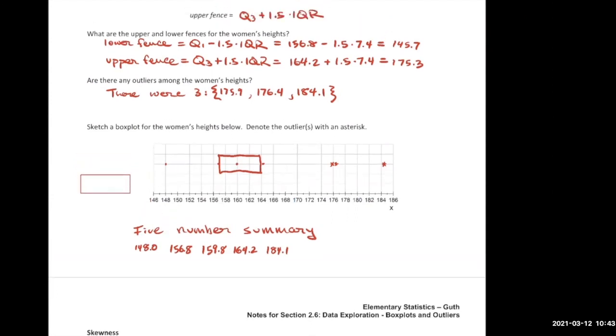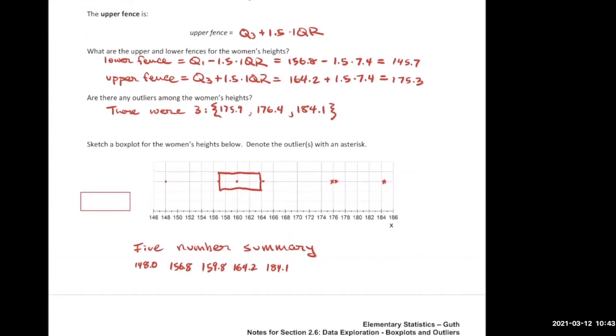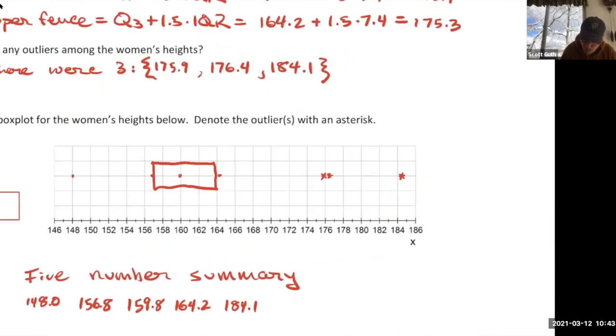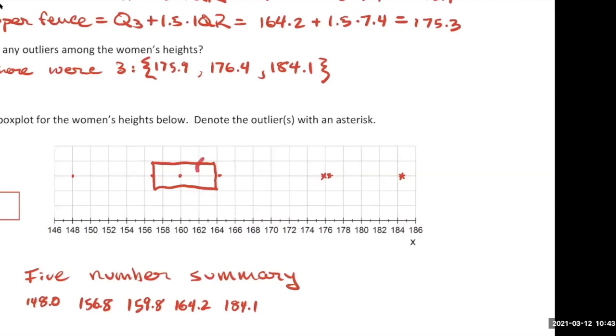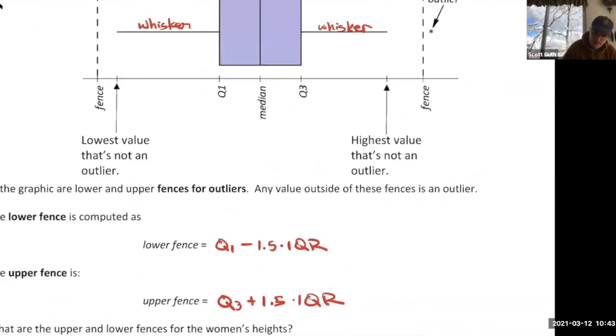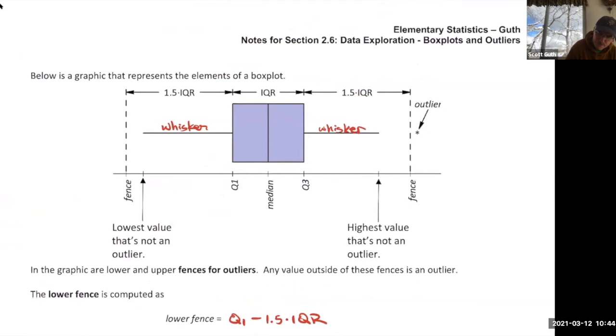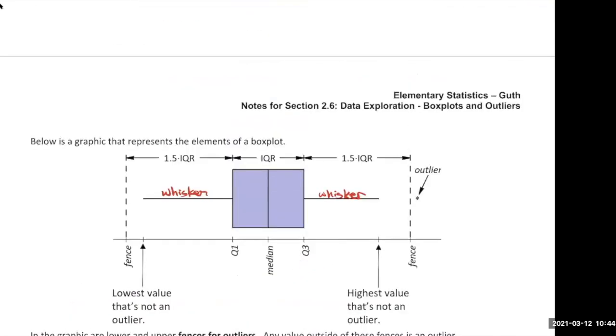I understand that we have an asterisk right there, but why aren't we putting a dot for 184.1? If you look at what the graph looks like, outliers you want to graph with asterisks.